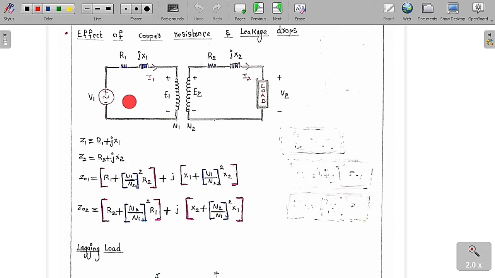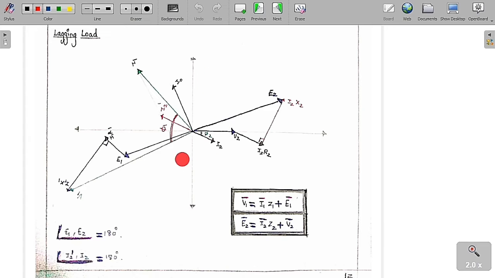Similarly, if you refer the primary to secondary, we get Z02 equal to R2 plus (N2 by N1) whole square into R1, plus j of (X2 plus (N2 by N1) whole square into X1). Now I am going to draw the phasor diagram for a lagging load. This is the voltage V2 across the load.